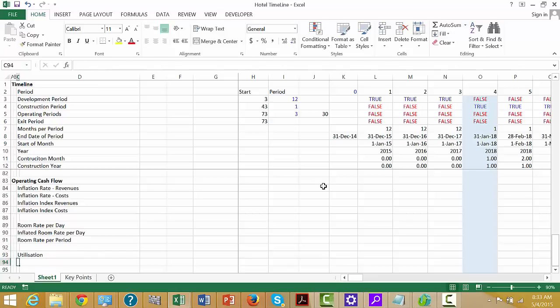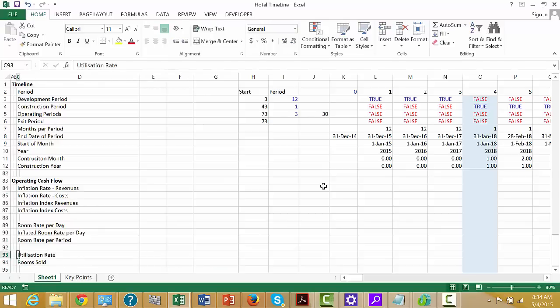And then we can put rooms sold. So if we have 80 rooms, we can see the utilization rate.